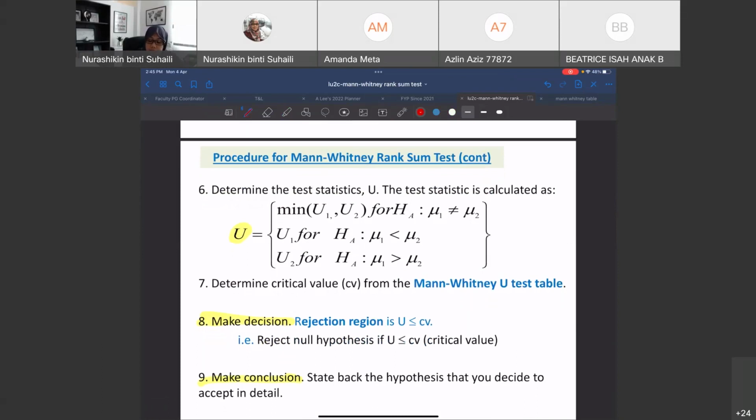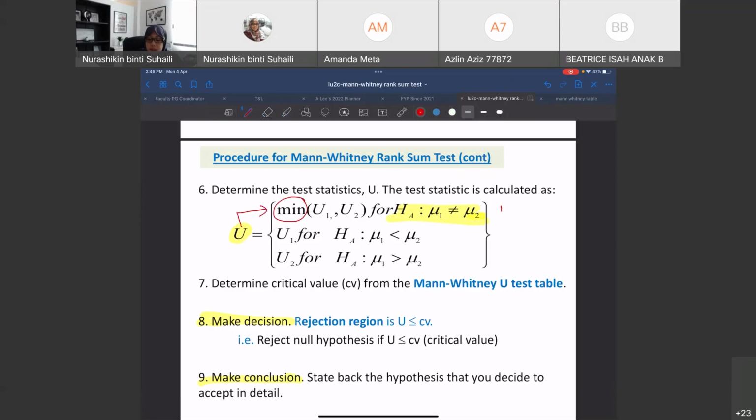Because if you assign wrongly, you'll get different U values. If you set the alternative hypothesis as not equal, it means that U will be equal to the minimum value between U1 and U2. Last time I introduced you to this function, minimum.